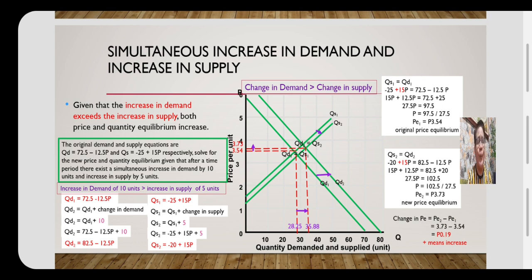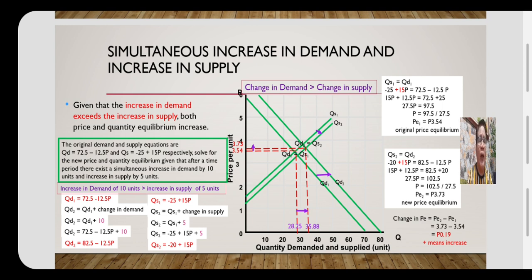Graphically speaking, notice that the gap between the new demand and the original demand is greater, as depicted by a greater distance or a greater gap between QD1 and QD2. But the gap between QS1 and QS2 is very small.